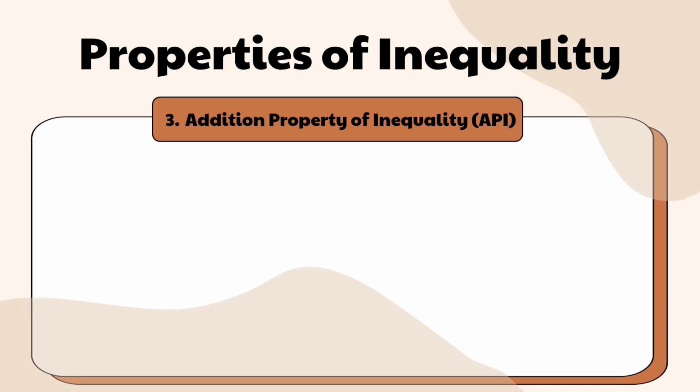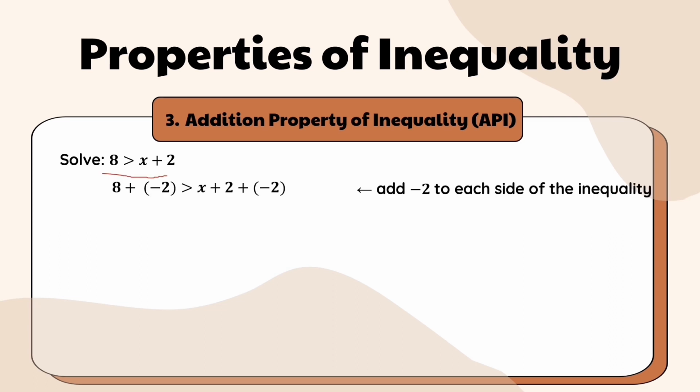We have here an example in solving using the addition property of inequality. So for example here, 8 is greater than x plus 2. We will add negative 2 to each side of the inequality.